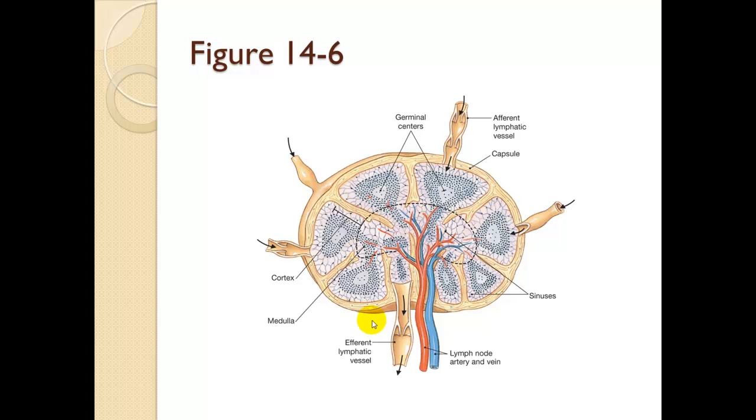This is a lymphoid tissue cross-section, afferent towards the lymph node, efferent away from the lymph node, and this is the blood supply to the lymph node. It essentially has a cortex, medulla.